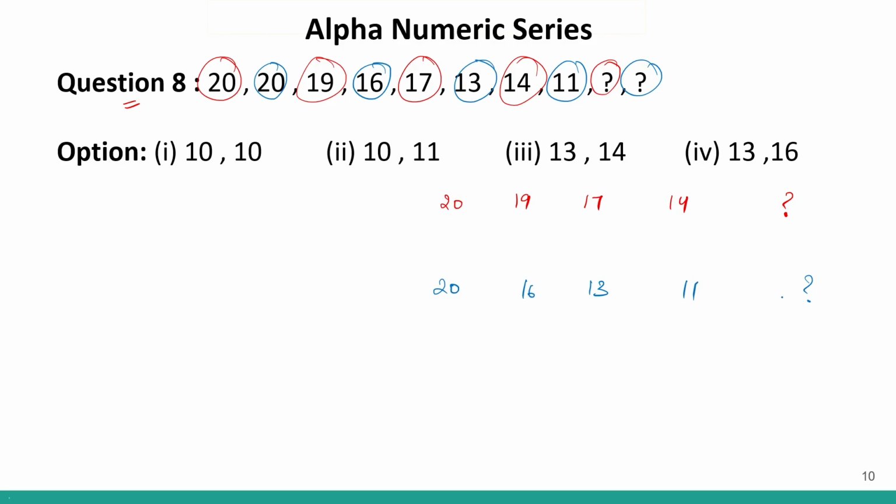Let us do the second one first. 20 to 16 is minus 4. Then 16 to 13 is minus 3. Then 13 to 11 is minus 2. So I see 4, 3, 2 being subtracted. The next will be minus 1. If I do minus 1, I will get 10. This will be my answer.